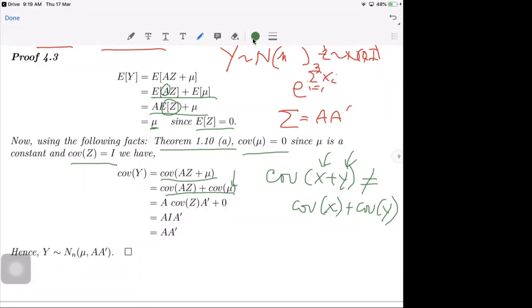But in general, if X and Y are random variables, then you cannot do that, because there can be correlation or association between X and Y. So it will be equal to the variance of X plus the variance of Y plus 2 times the covariance between X and Y in general. So we can just do this because we know that mu is a constant.